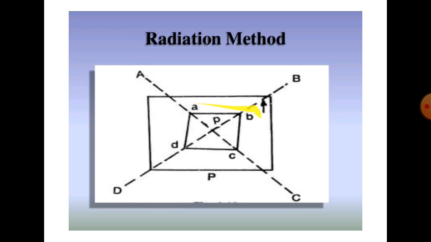These 4 points are marked on the plane table drawing sheet as small a, b, c, d. First we set up the plane table at point P. Clear? Above point P, fix the point and mark it with a wooden peg.